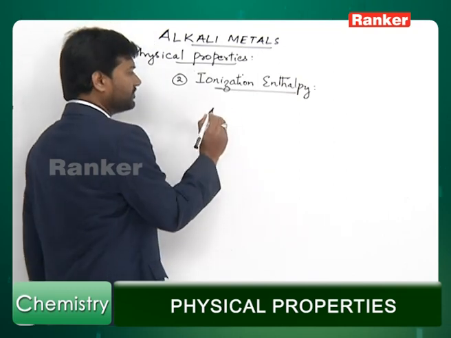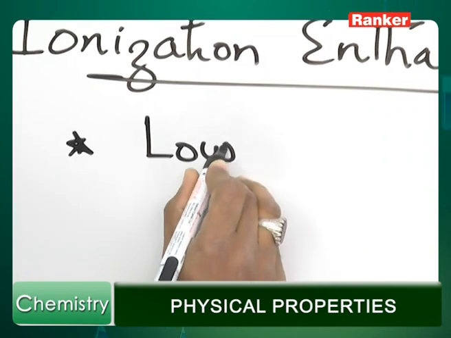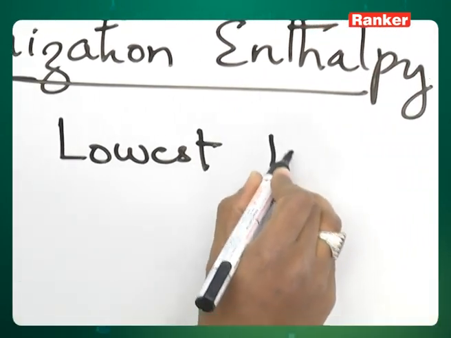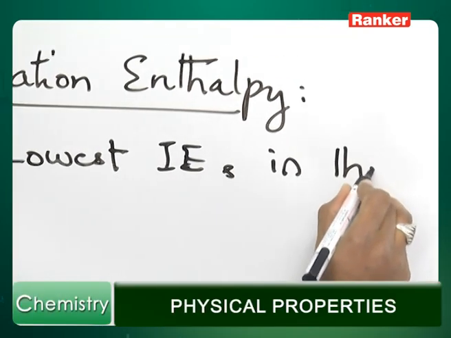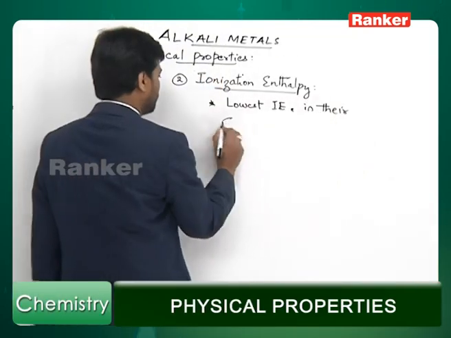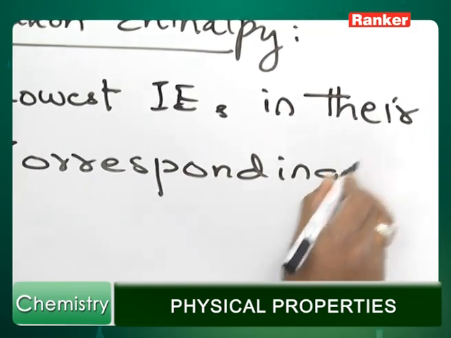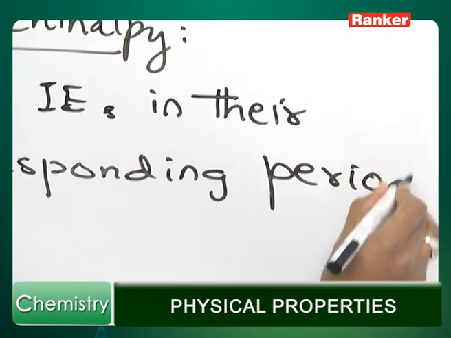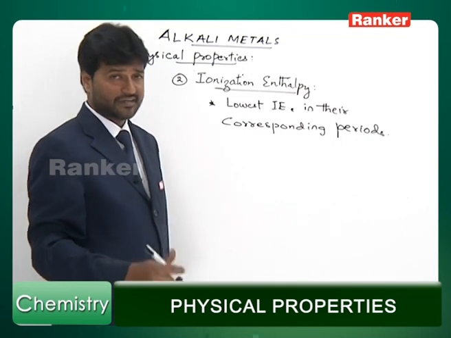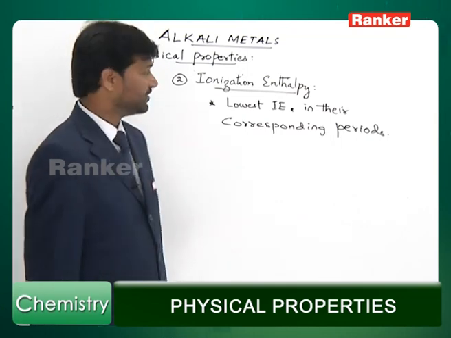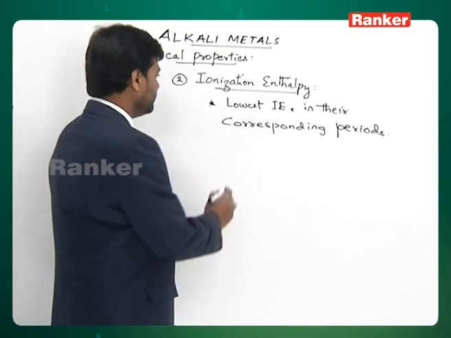So the first point you need to remember is they have lowest ionization enthalpies in their corresponding periods. When you compare all the elements in the second period, it is lithium which has minimum ionization enthalpy. So these elements have lowest ionization enthalpies in their corresponding periods.